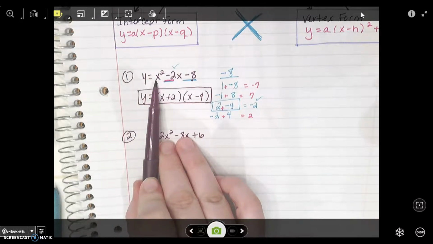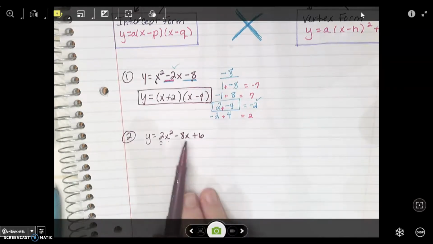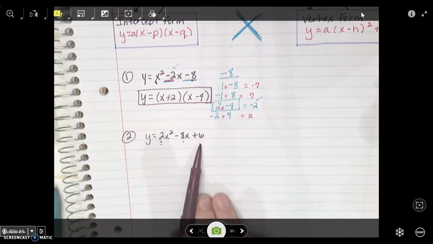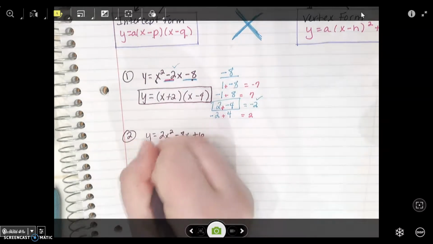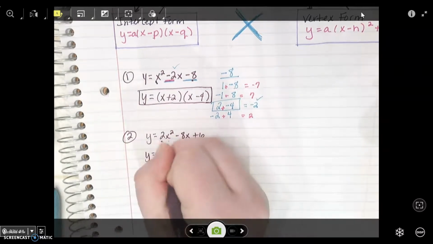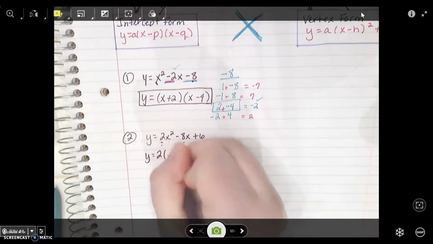Okay. This one starts with a 2 in front of the x squared. So do you see that a 2 can divide into 2x squared, a 2 can divide into negative 8x, and a 2 can divide into 6. So you're going to take out that 2. So this is going to be y equals take out that 2. When you take out the 2 from 2x squared, you're just left with x squared.